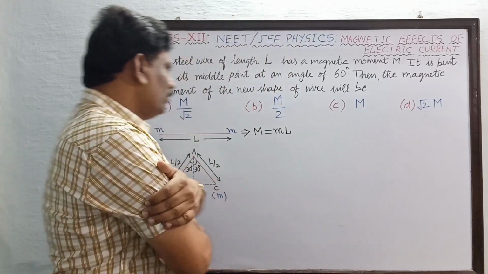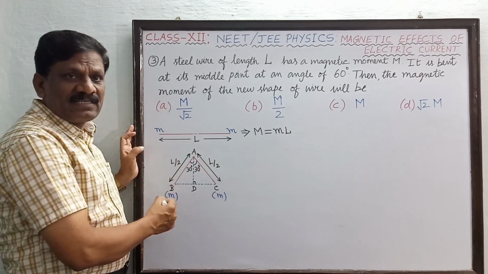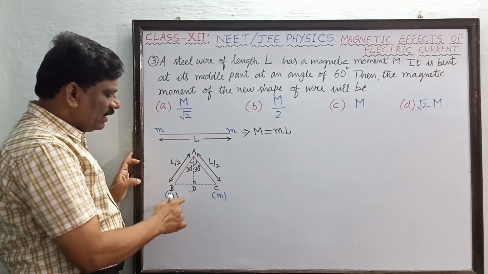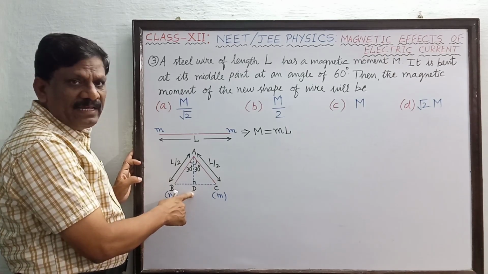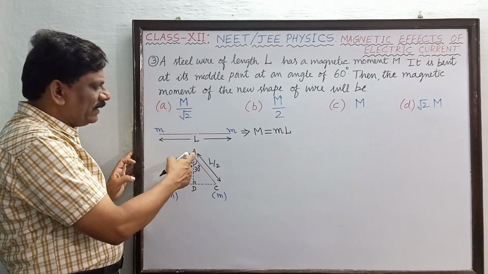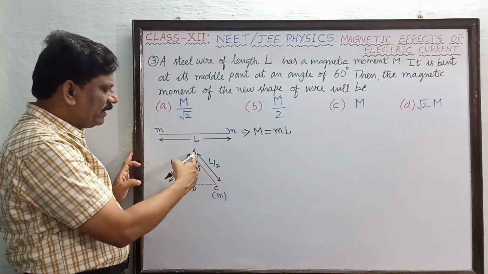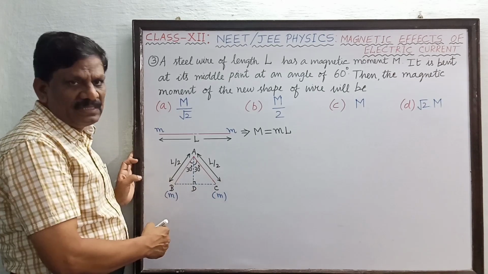So I have made some geometrical constructions. Can you see? I have joined B with C by dotted line, and the midpoint is D. I have projected the point A on BC, so that AD is perpendicular to BC.